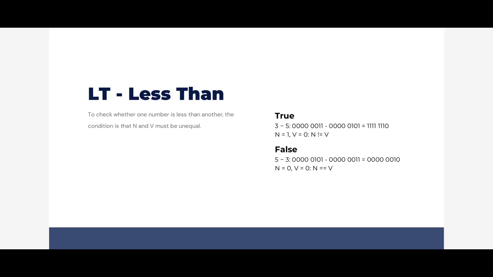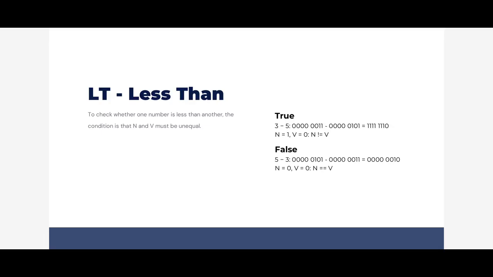In the true case, we try to compare 3 and 5. Is 3 less than 5? To say that, at hardware level, we have to subtract 5 from 3. And we get 1 as the most significant bit, and it means that the negative flag arises.